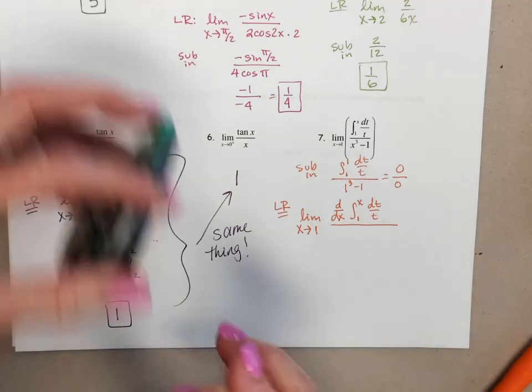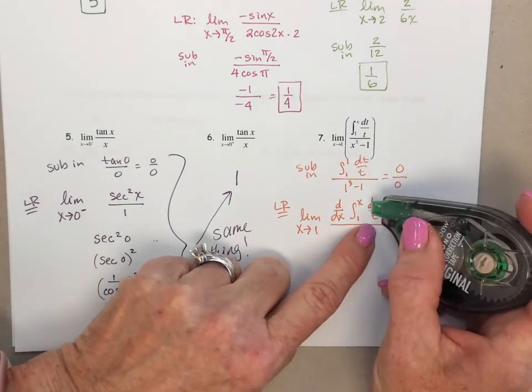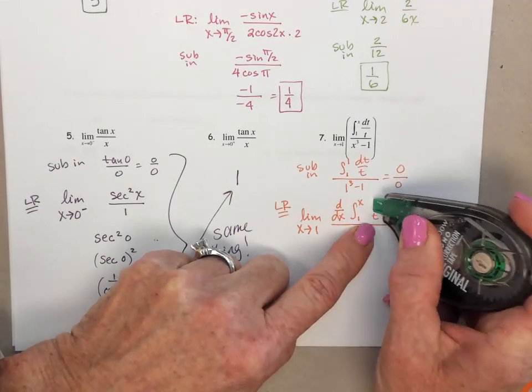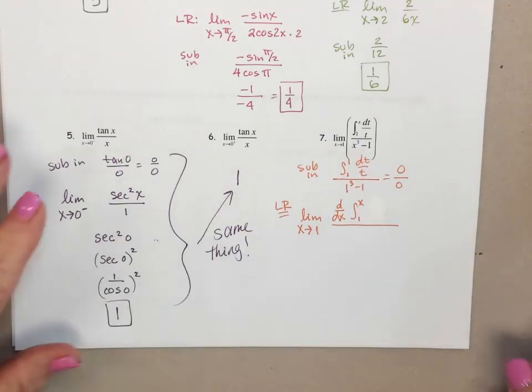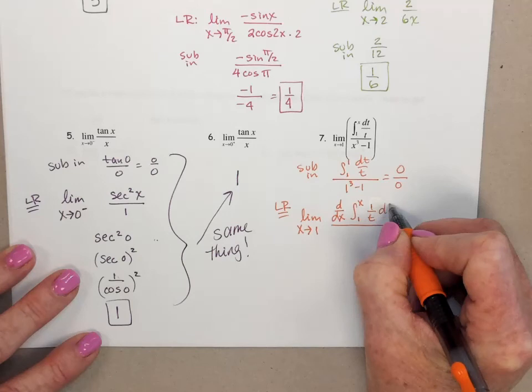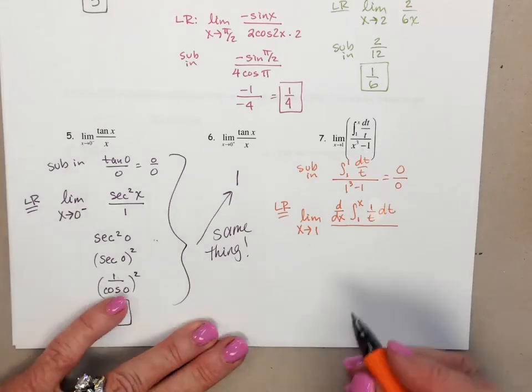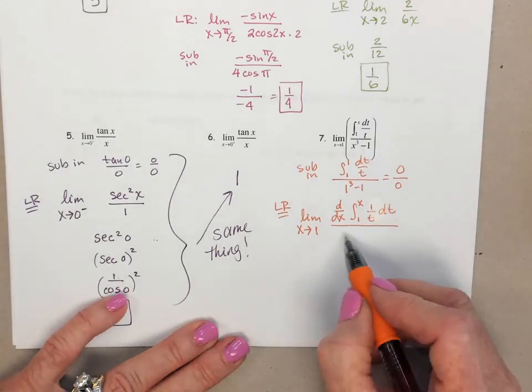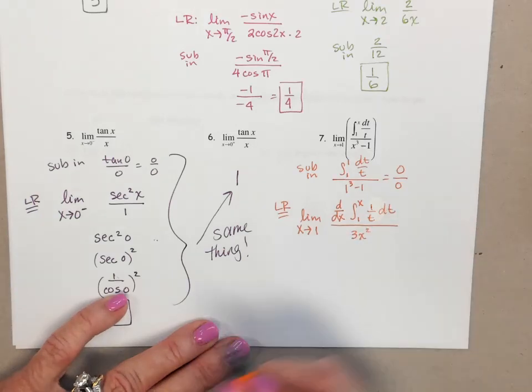Oh, you know what? Let's change that a little bit. You might want to think about this one instead of dt over t. It might be easier for you to think about it as 1 over t times dt. And the denominator, the derivative of this x cubed, would be 3x squared.